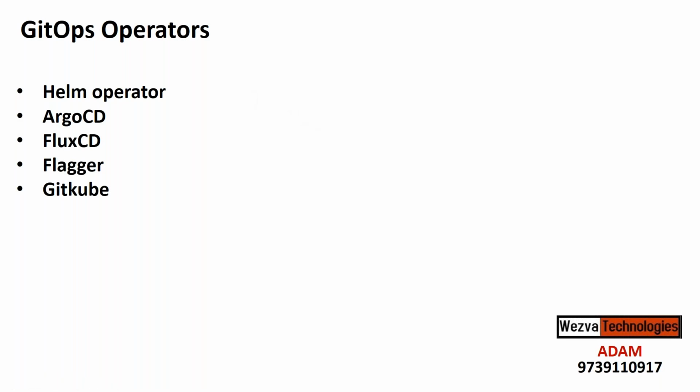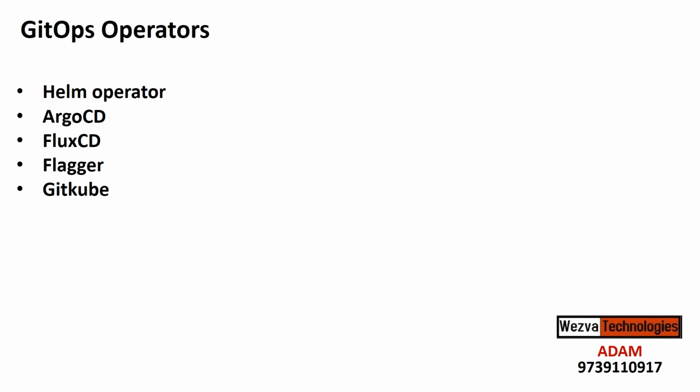If you are just using the regular manifest file, then you can use GitLab to store it. But if not, there are different operators available. If you have moved to Helm-based package management for Kubernetes, then there is a Helm operator in Kubernetes which you can use to achieve the same. But if not, there are pretty much many other tools available.